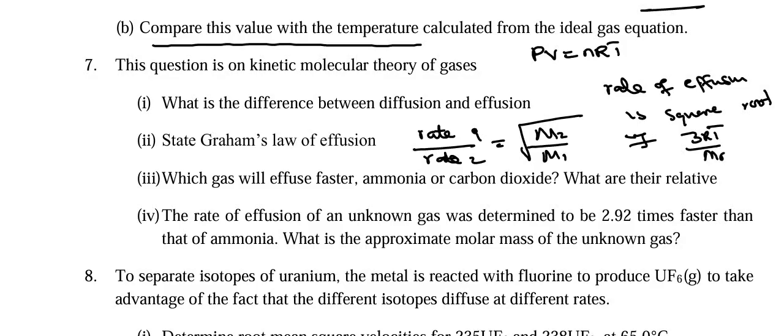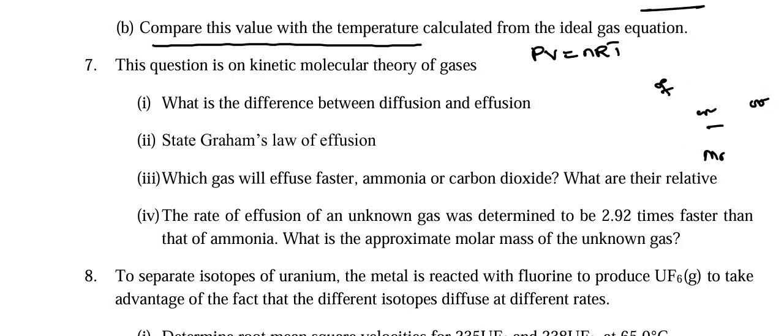That's the only thing that we have to do, but I'll just advise you stick with this. The rate of effusion of a gas is inversely proportional to the square root of its molar mass. Of course the constant is 3RT. For diffusion it's not inverted, that's direct. If the question asks us to find the diffusion, we just do direct. Oh yes, yes, for diffusion it's direct.